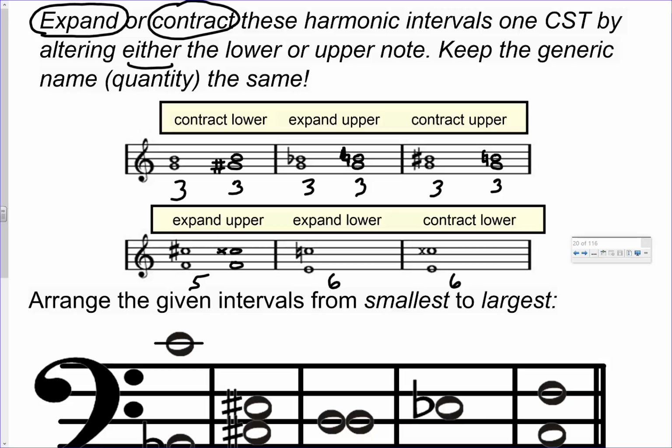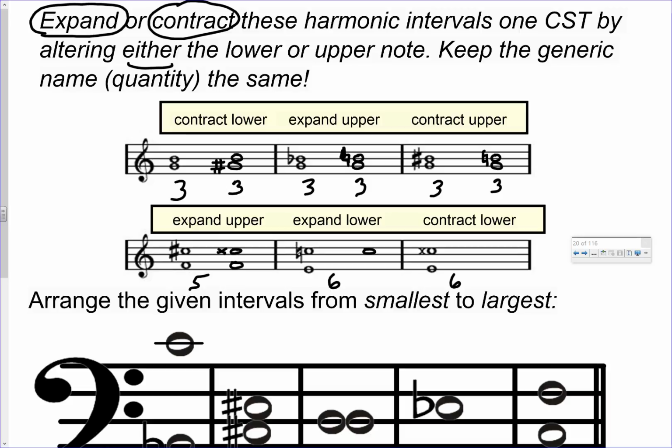In the next measure, we need to expand the lower. So the upper note can stay as is on a C natural. By the way, that natural sign in the example is there so there's not any confusion between the prior measure, which had both a C sharp and a C double sharp in it.